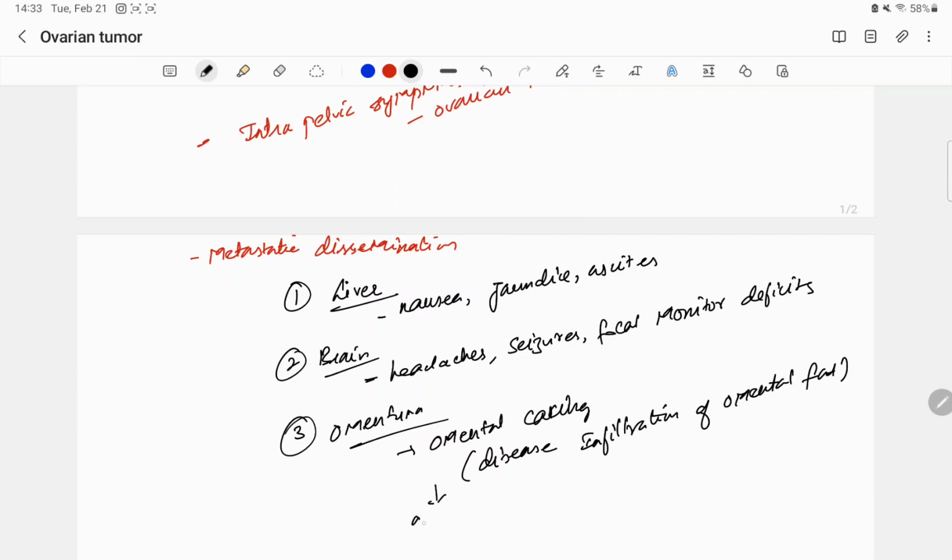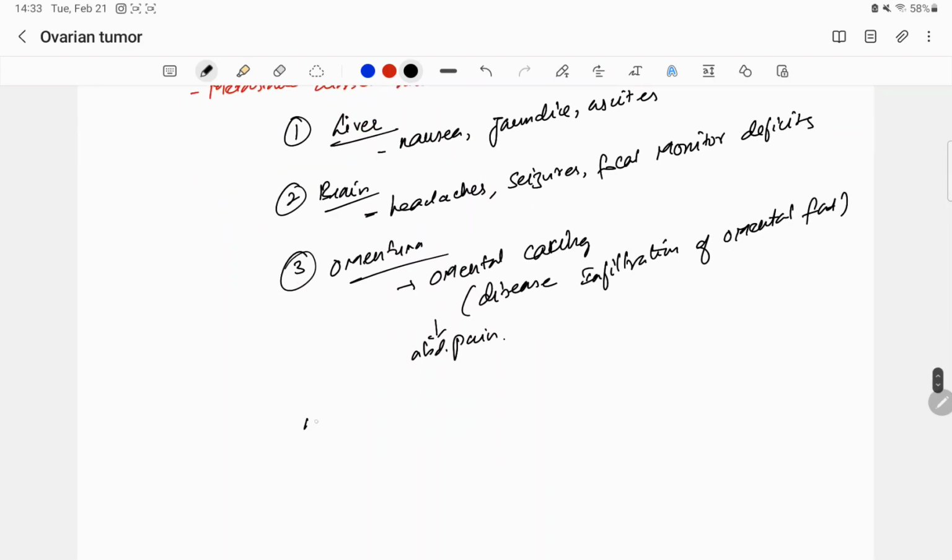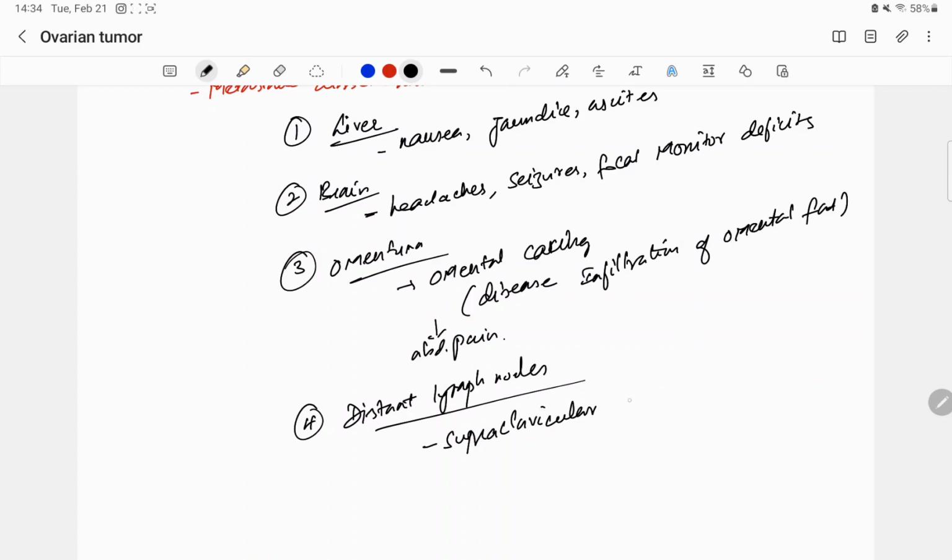That in turn causes abdominal pain, right? And you also have the metastasis into the lymph nodes. Usually it is supraclavicular or inguinal lymphadenopathy.